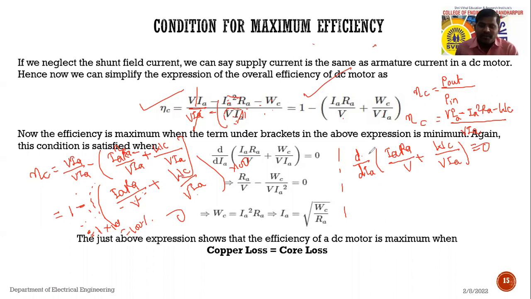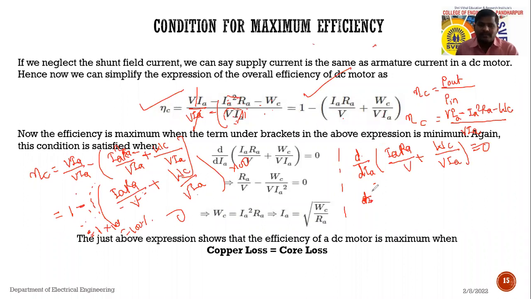So we want to take differentiation. All of you differentiate this equation with respect to IA. First do the first term, then the second term.